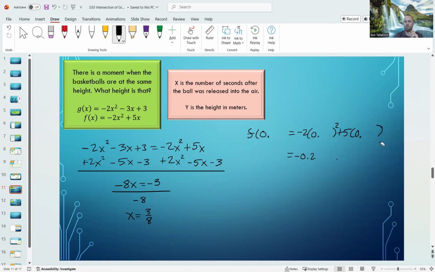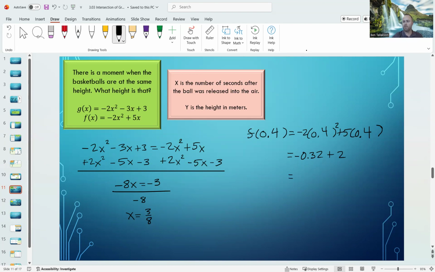0.38 rounded will be 0.4. 0.4 squared is 0.16 times negative 2 is negative 0.32. 5 times 0.4 is just 2.